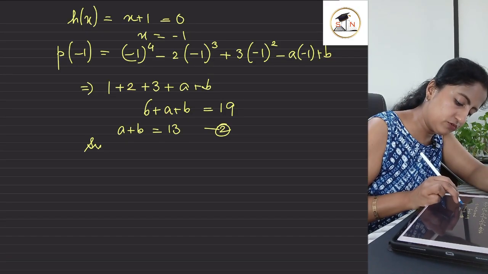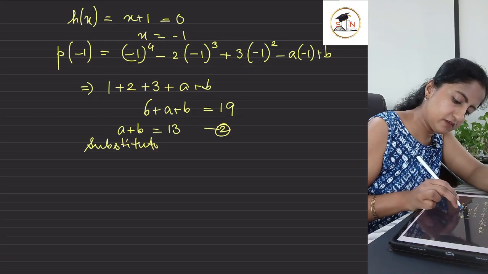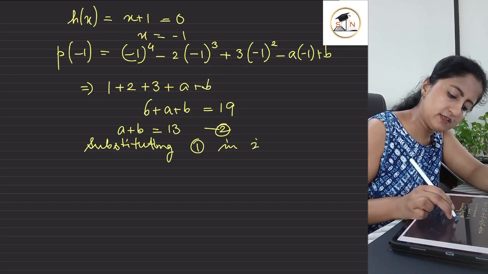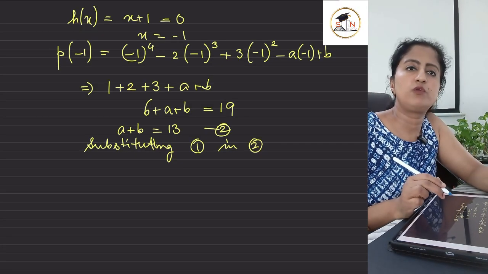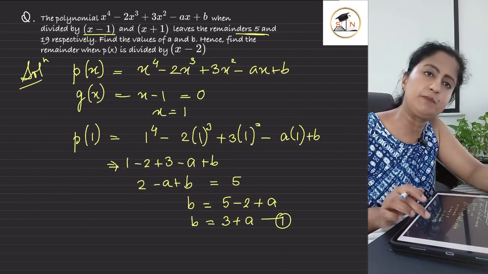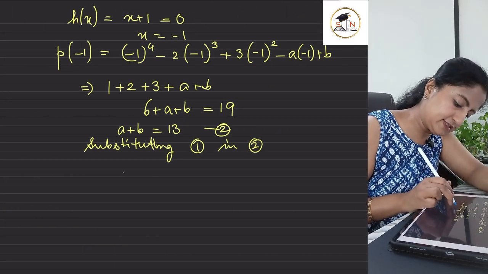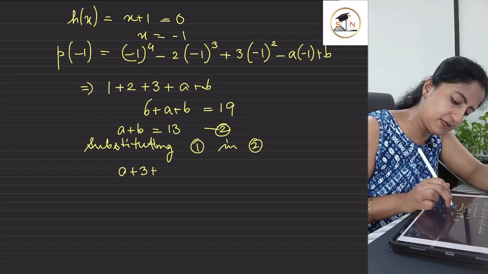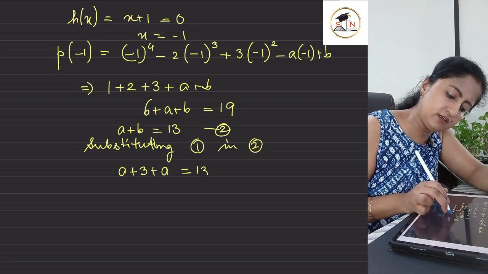Now, what I'm going to do, substituting 1 in second. What was 1? 1 was the value of b in terms of a, and that was 3 plus a. So what we get is a plus 3 plus a equals 13.